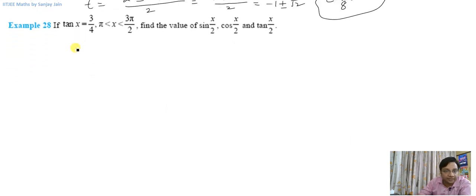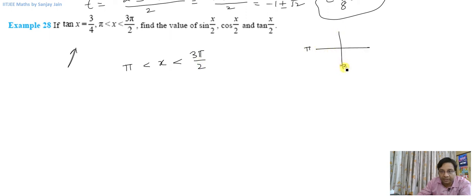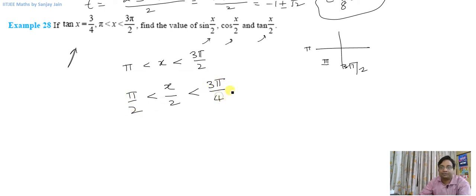Tan x is given as 3 by 4 and x goes from pi to 3 pi by 2. So it means x goes from pi to 3 pi by 2, that is third quadrant. But I need values of sine x by 2, cos x by 2, tan x by 2. So let us see where x by 2 belongs, pi by 2 to 3 pi by 4.